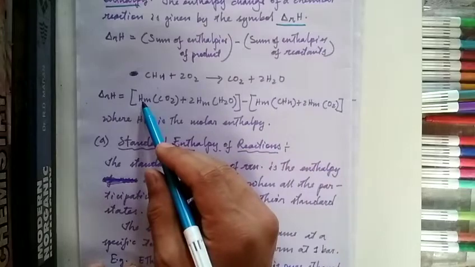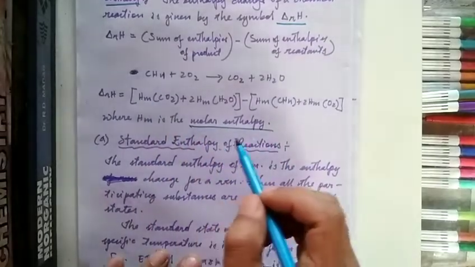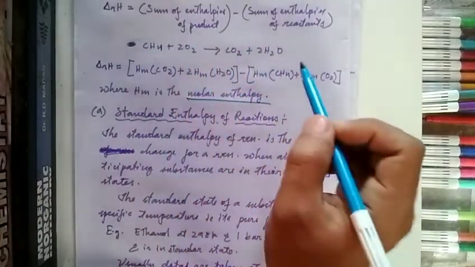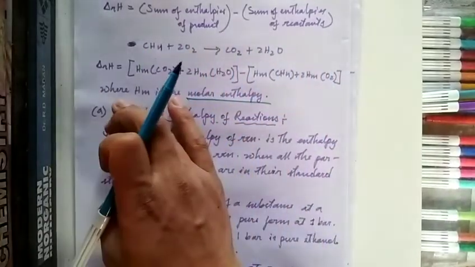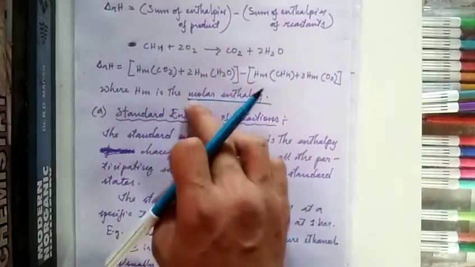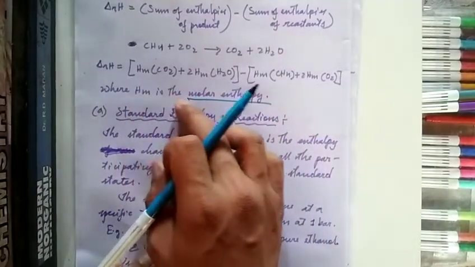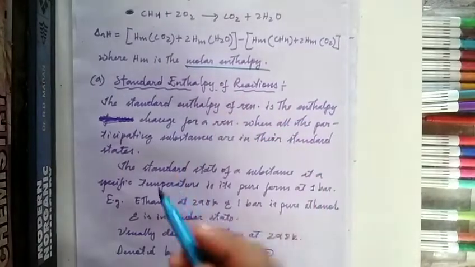Hm means molar enthalpy. Since we are using number of moles, we can denote this Hm as molar enthalpy.